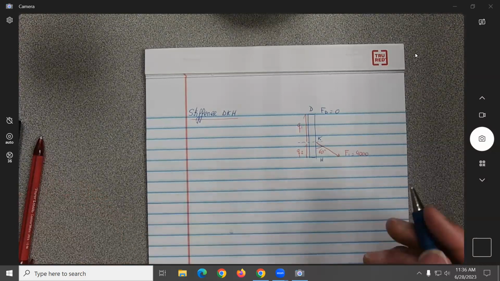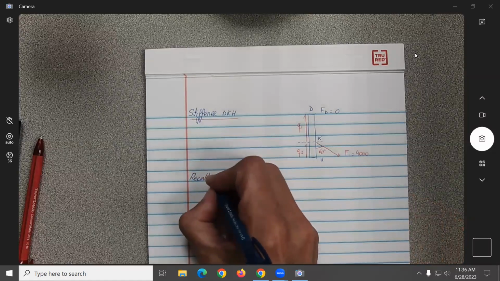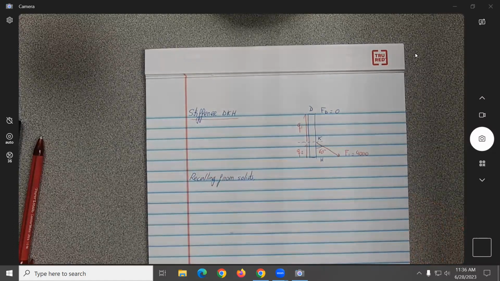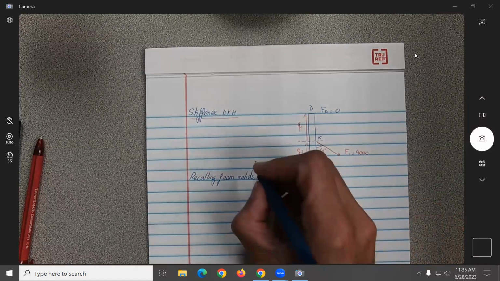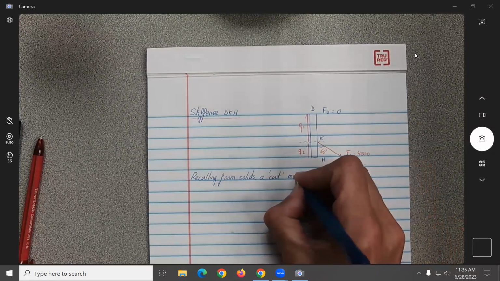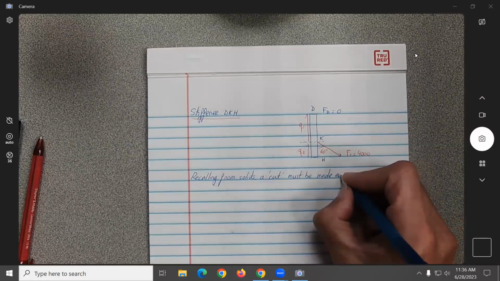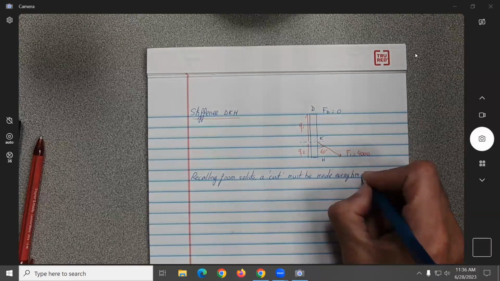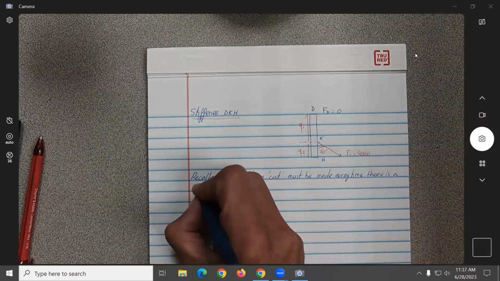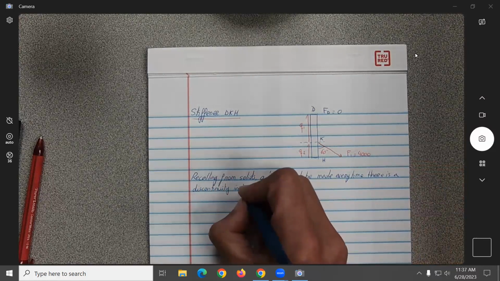Okay, but let's say over here. So now let's say, recalling from solids, a cut must be made every time there is a discontinuity in the load.